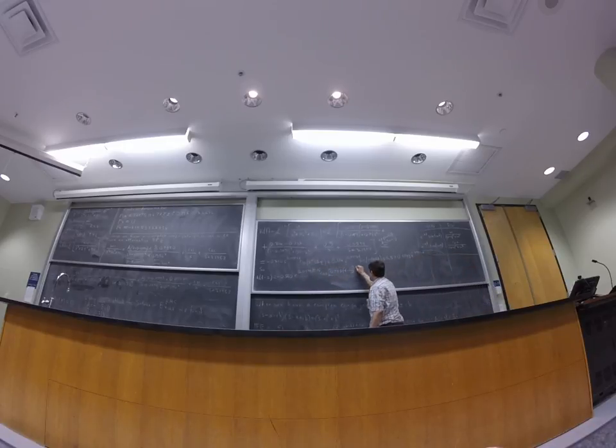Plus 0.314 e to the 0.0979 t minus 2 times sine of 0.785 t minus 2, again replacing the t.